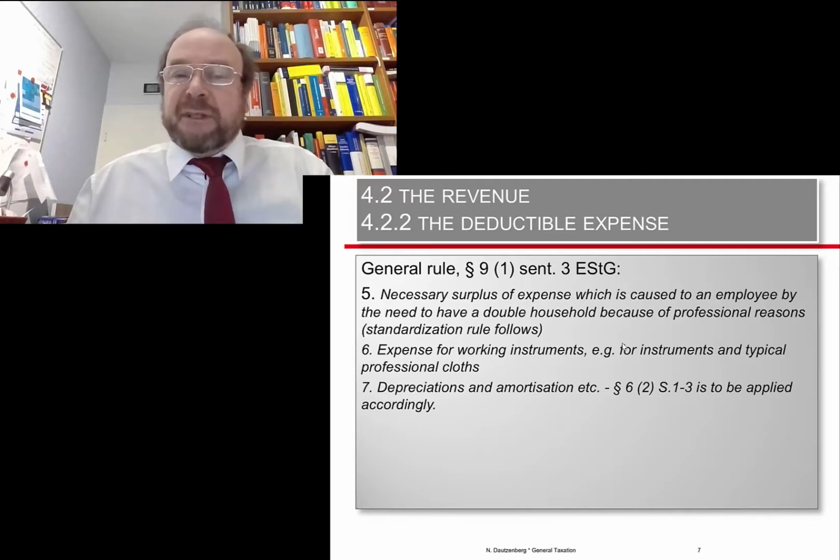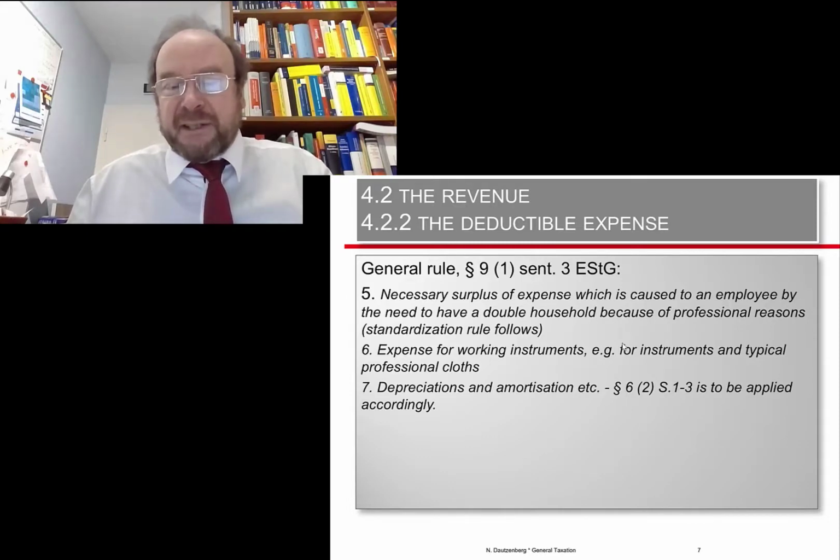If you need instruments or devices which you want to use for your work, that costs are also incurred by the wish to generate revenue, that is, to have your job, and that would also be deductible expense.